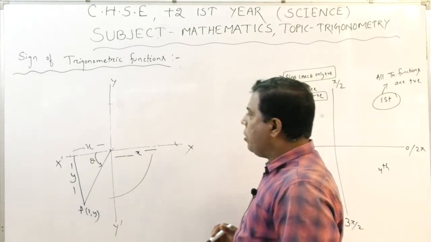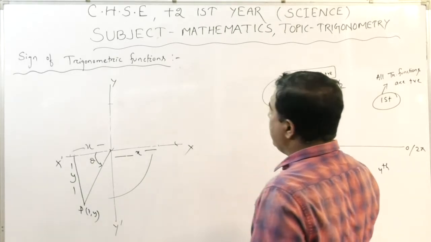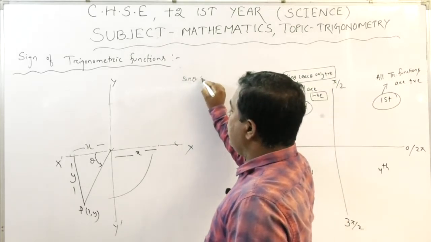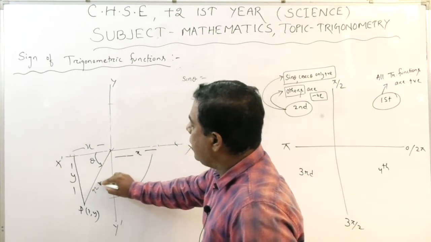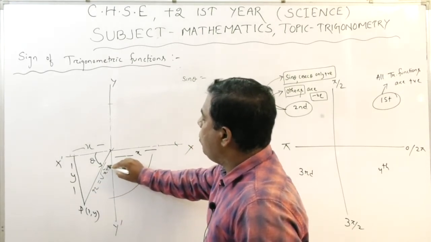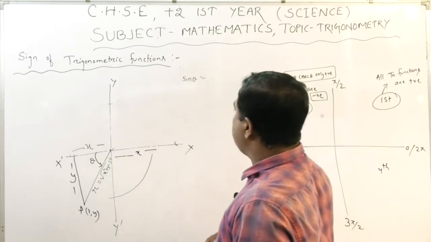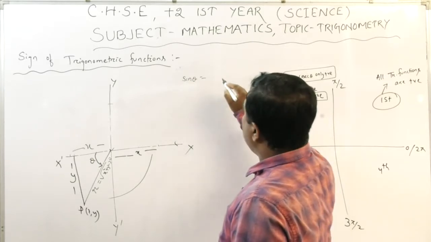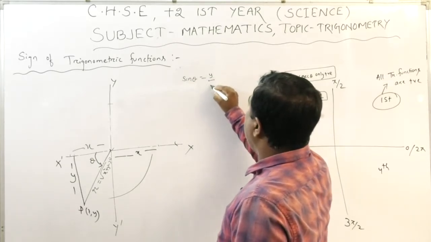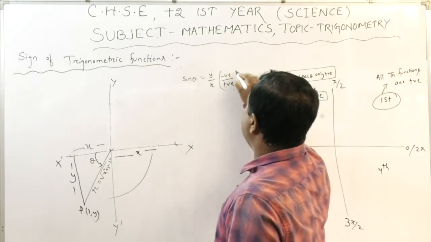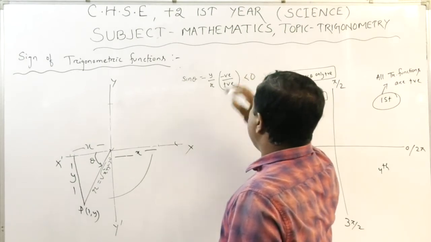So what happens to the trigonometric ratios? You see sin theta. Sin theta is y on r, and r is root under x square plus y square, always taken as a positive value greater than 0. So y is negative and r is positive, so it is less than 0.